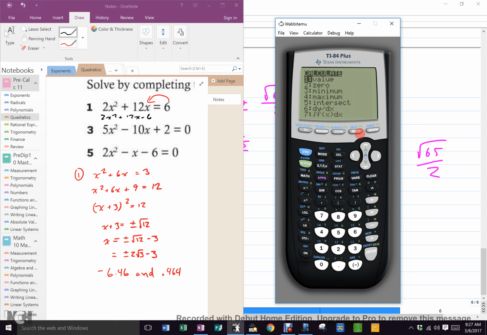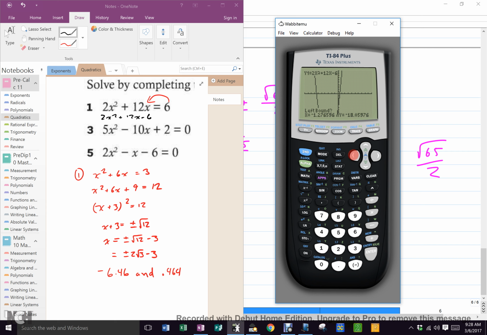Second, calc, zeros. And I'm on the left, enter, then I'm going to move to the right, enter, then I'm going to guess 0.464. There it is. Then I'm going to go second, calc, 0, and now I'm going to go all the way over and find the other one.